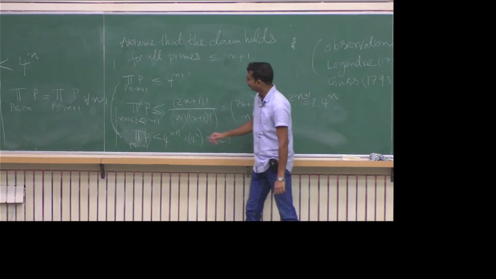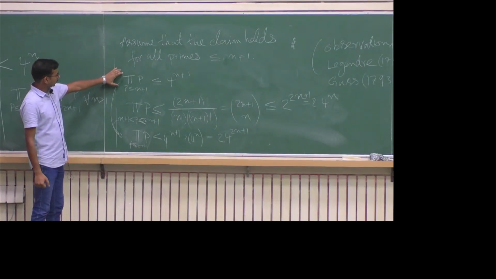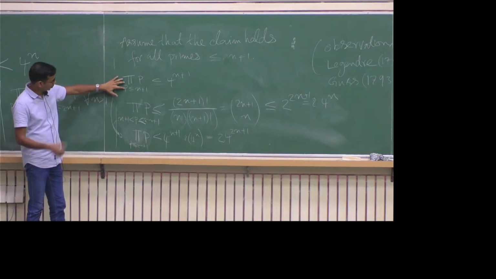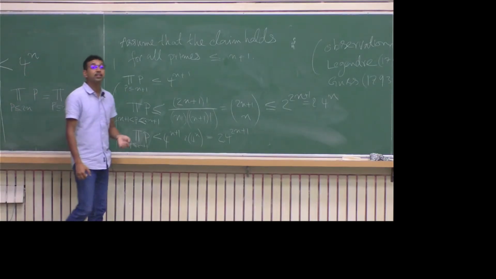Yeah. So up to n plus 1, we are assuming that the claim holds, and then we are proceeding. Okay, if we start instead of n, what happens?